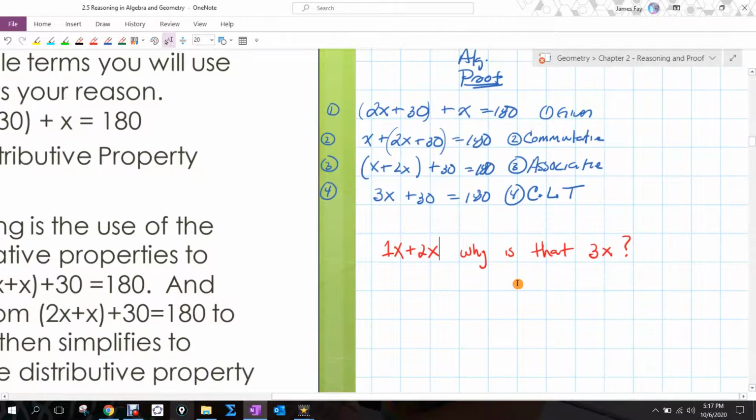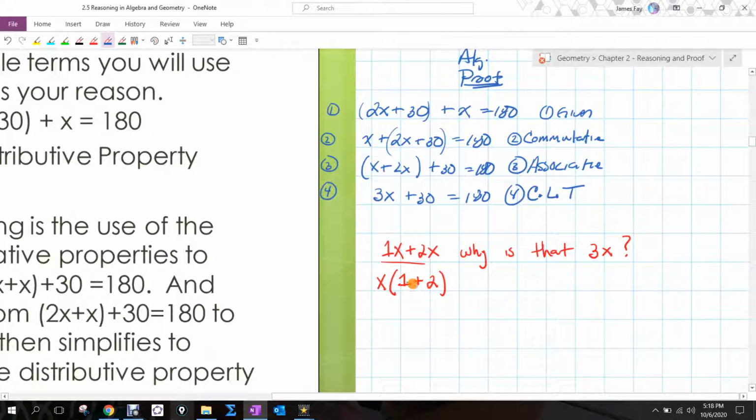The why that this becomes 3x is this right here. My hope is that you could argue that, working my way backwards, I could rewrite this phrase as x times the quantity 1 plus 2. The reason I can write that is because we have knowledge about the distributive property.